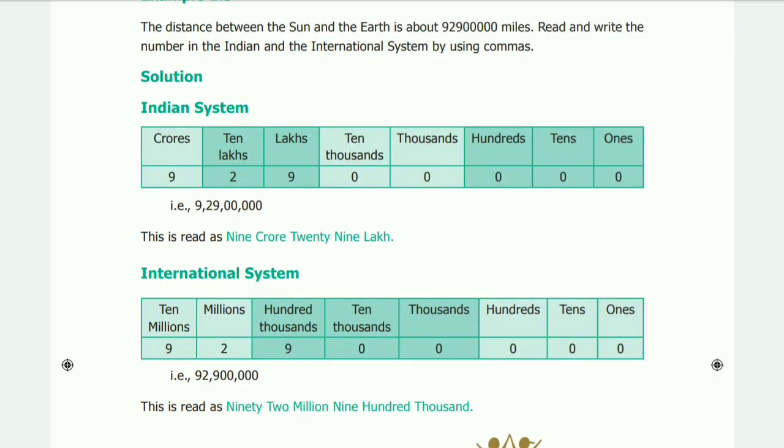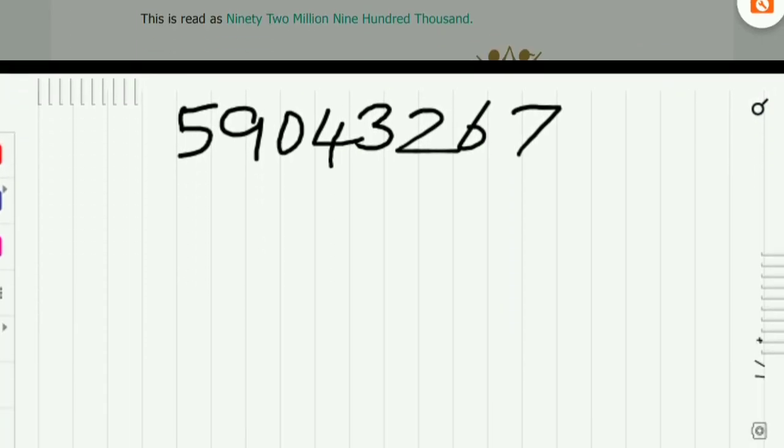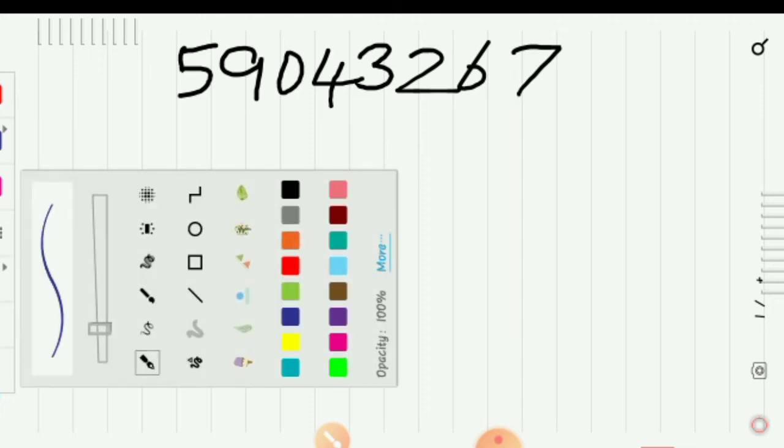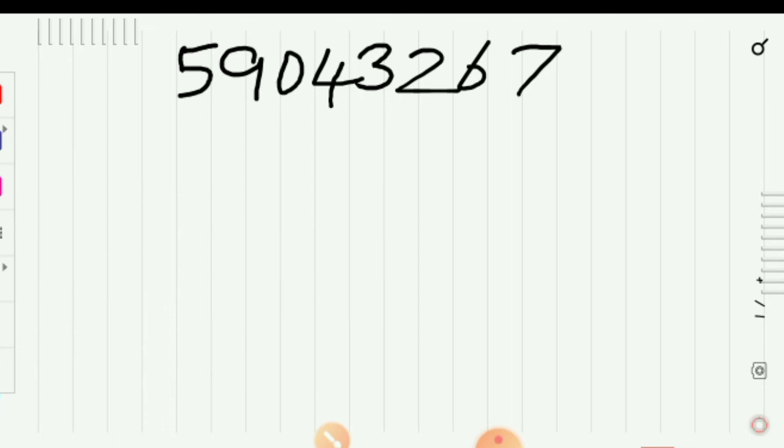Okay, let's see some more examples of the Indian number system and international number system. The given number is 5904327. Write the number in the Indian number system. First you write the place value chart or place value table.